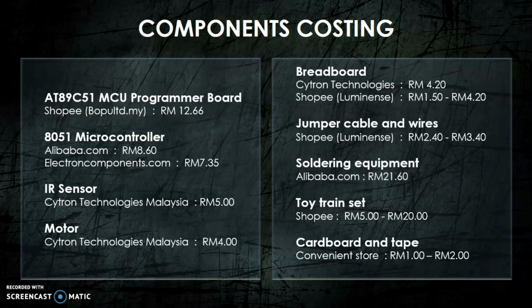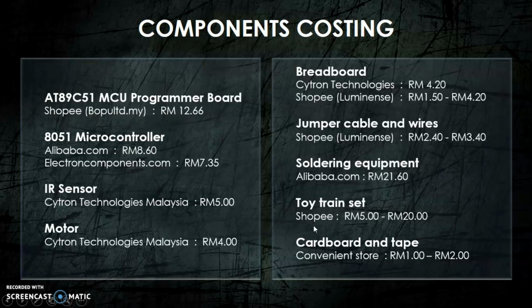And for soldering equipment, I found it at alibaba.com for 21 ringgit and 60 cents, where it comes with the whole soldering set together with soldering stand, soldering iron, cutters, and all. And last but not least, the toy train set, cardboard and tape for prototyping.